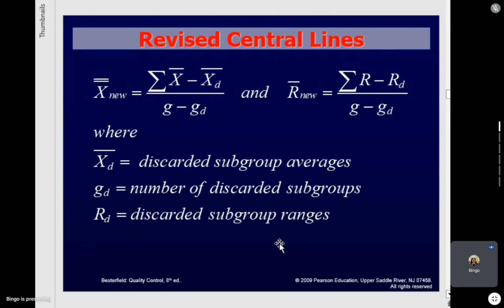So this one is yung first reading minus the number of discarded subgroups. And for your R bar, same, then for the new or the revised central limit, you have the summation of your range minus the discarded subgroup divided by this one is yung g naman natin na encounter. Okay? Wait lang po ha. Okay.